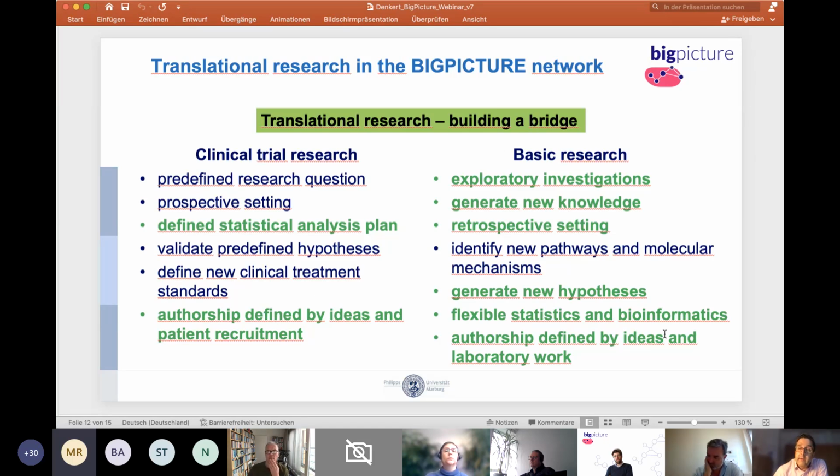In basic research, authorship is defined by ideas, very similar, but also by laboratory work.